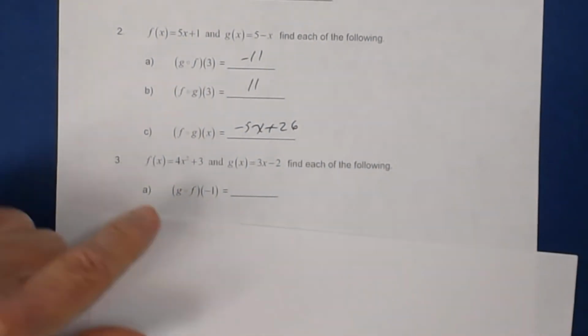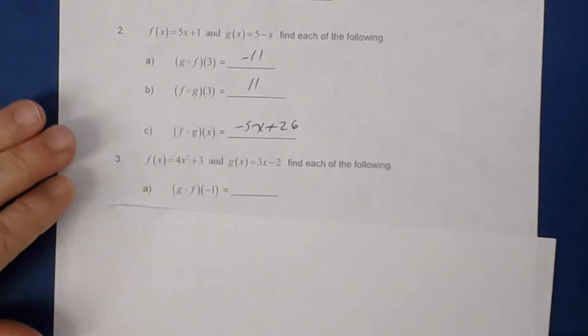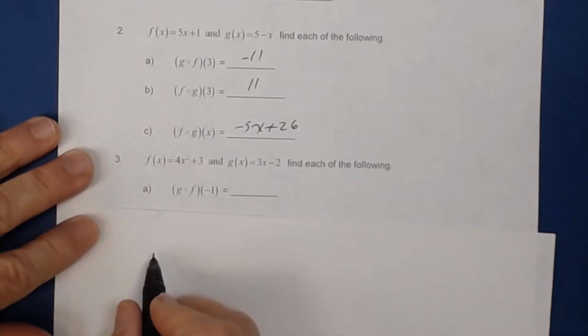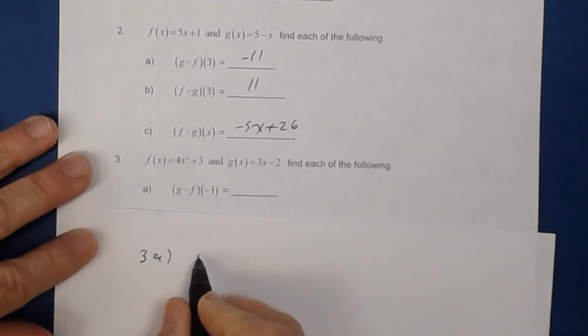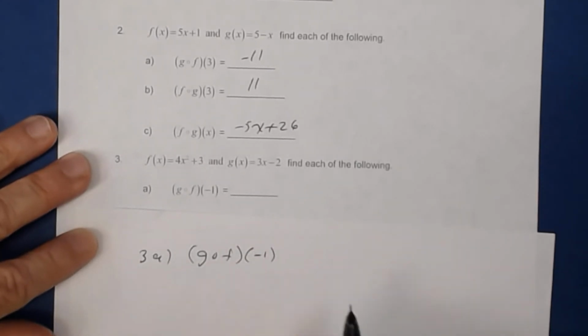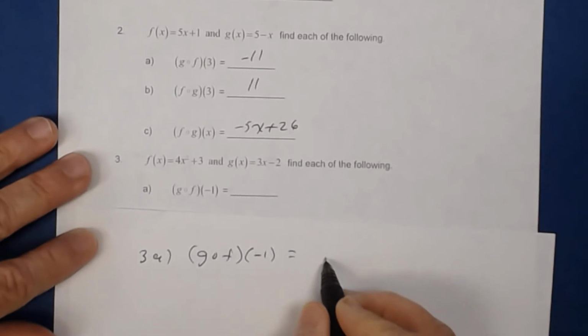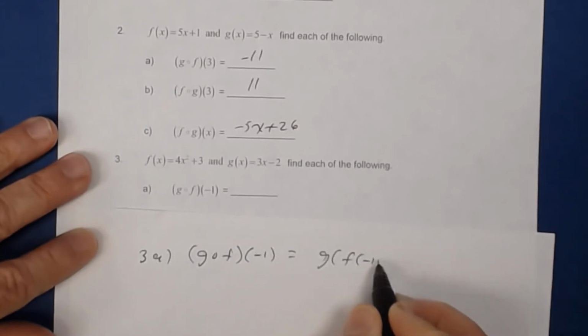All right, number 3, you have a quadratic function and a linear function. Same thing, you're going to do the same thing. 3a, you want to find G composed with f at negative 1. By definition, that means G of f of negative 1.